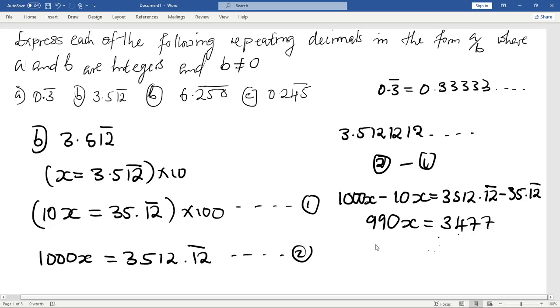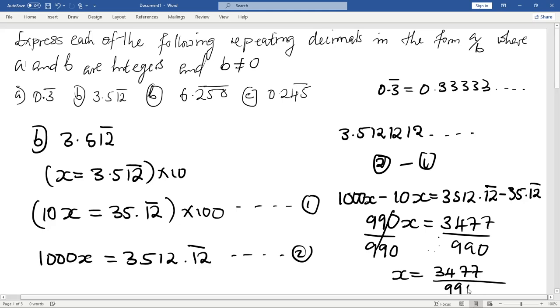Now we're trying to solve for x, so we divide by 990 on this side and also 990 on this side. Then we have x being equal to 3,477 divided by 990.